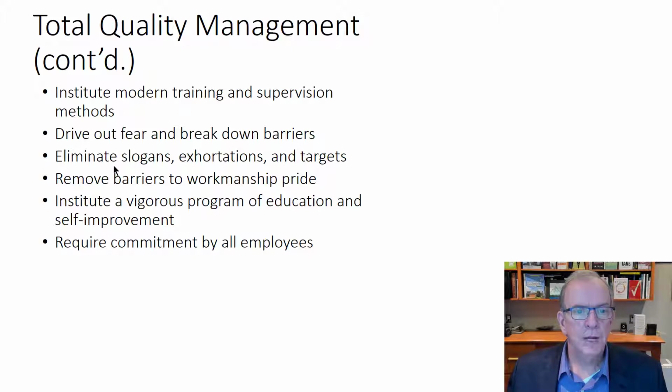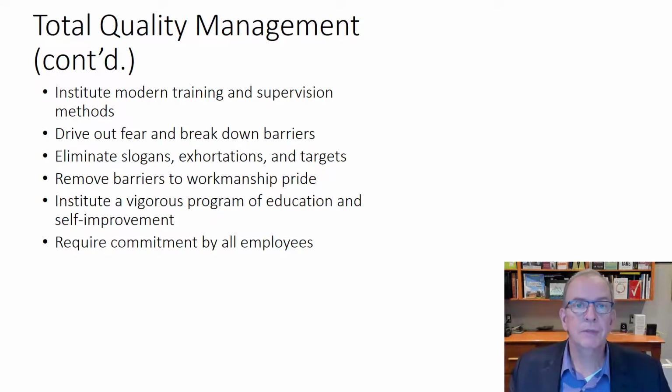Drive out fear, break down the barriers. If people are afraid to say something, they're not going to. If there's some quality issue and it's going to make them look bad and they're scared to say it, they tend to hide it. Take the difference between North American manufacturers and Japanese manufacturers in the Toyota production system, as an example: somebody working on the line could stop the line.